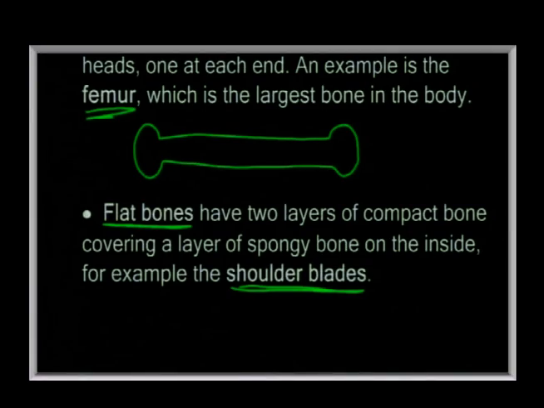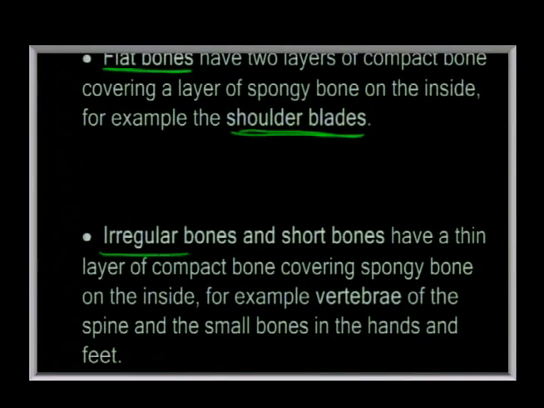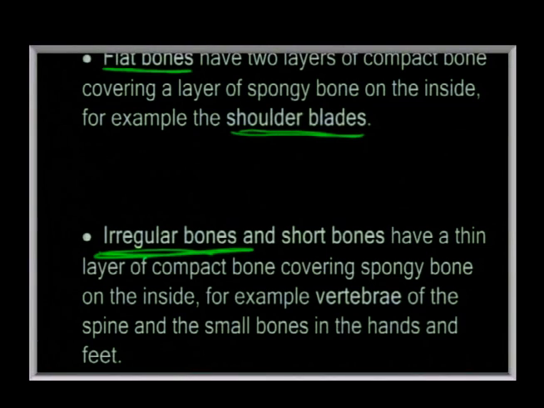And then we have irregular bones. Really, for irregular bones, all you have to do is think of the spine. Run your finger down your back, and you can feel that it's sort of strange. It's got this ribbly thing down the side. Those would be an example of your vertebra of the spine. Also the small bones in the hands and the feet.